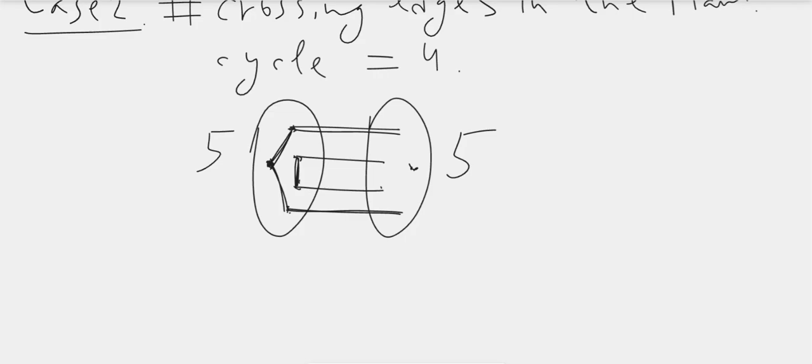Let's remove this edge for now. On the Hamiltonian path, it passes through these 3 vertices. The only 2 vertices remaining in this set are these 2. So they cannot be connected to any of these 3, because the Hamiltonian path has already passed through these 3 vertices. So they must be connected to each other. That's the only way for them to be a part of the path.